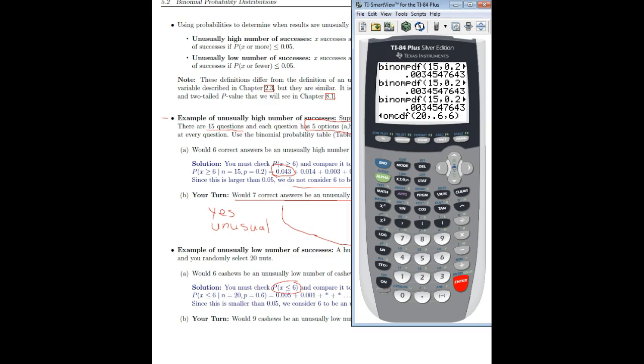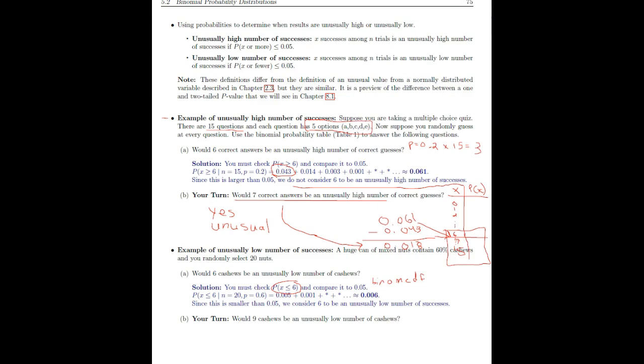We paste, and we get 0.00646 and so on. This is a very, very small probability, certainly less than 5%, less than 1% even. So it is smaller than 0.05, and yes, we would consider this an unusually low number of successes.